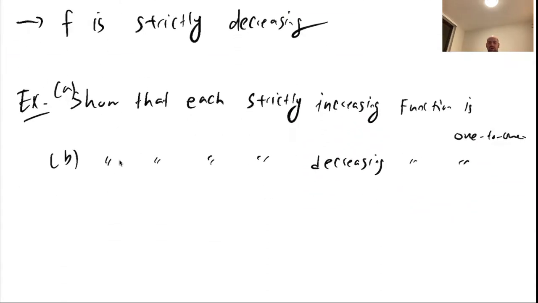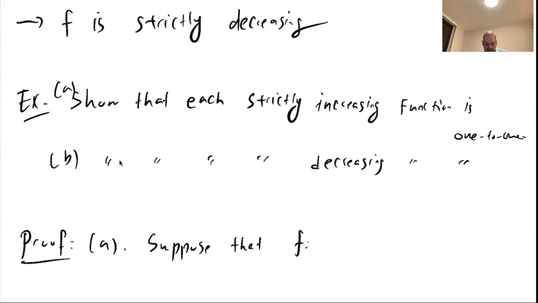So if you do one part, the other part is similar. So proof, part A, we want to show that. So suppose we have a strictly increasing function and we want to show that it has to be one-to-one. So suppose that f from A to B is strictly increasing.